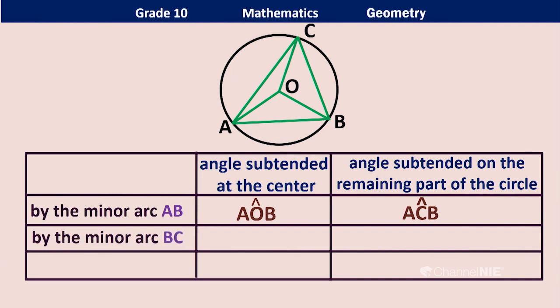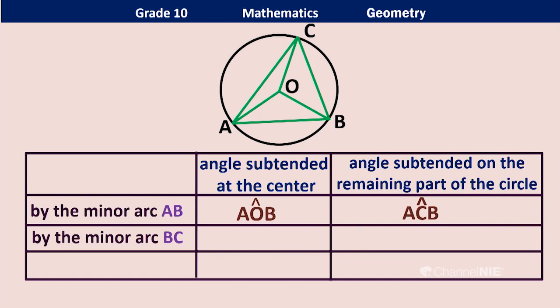Right. This time we have to find about the angle subtended at the center by the minor arc BC. So, first of all, we'll identify what is the minor arc BC. Here, can you see? This is the minor arc BC. So, what is the angle subtended at the center by this minor arc? So, we'll see this is the minor arc BC.